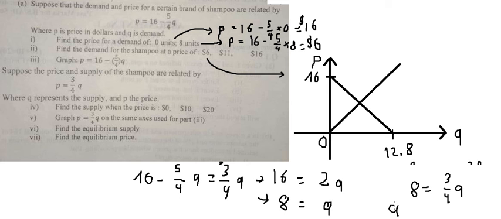That's 8 divided by 3 over 4. And you get 10.67 or approximately 11. This is $8. This is for the units. That's the end. Thank you for watching.